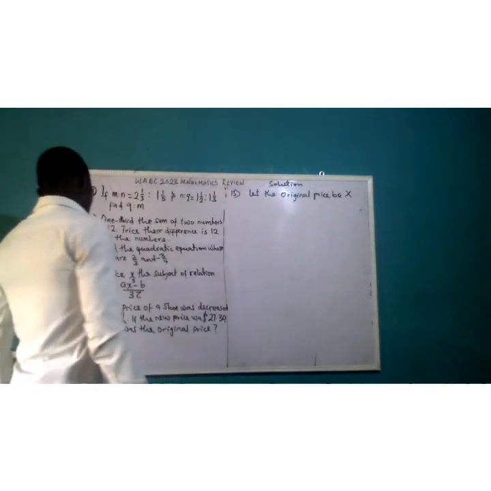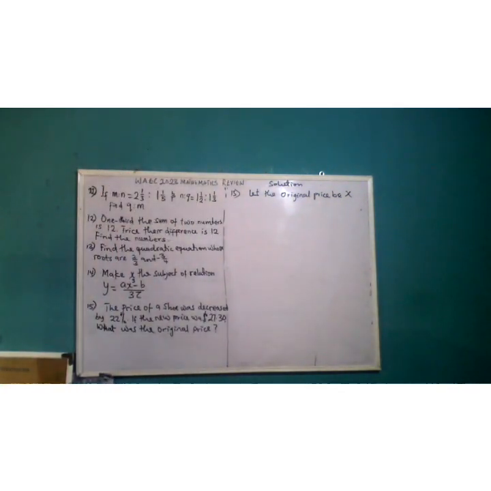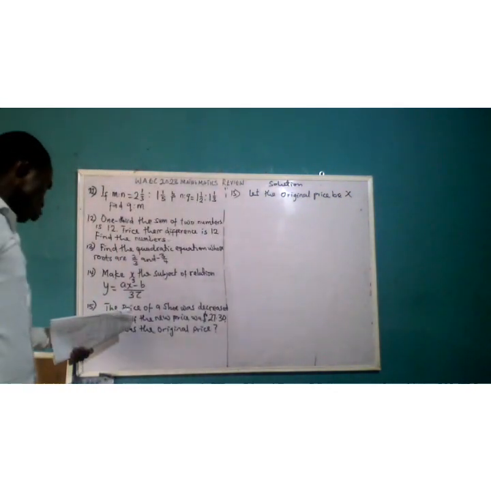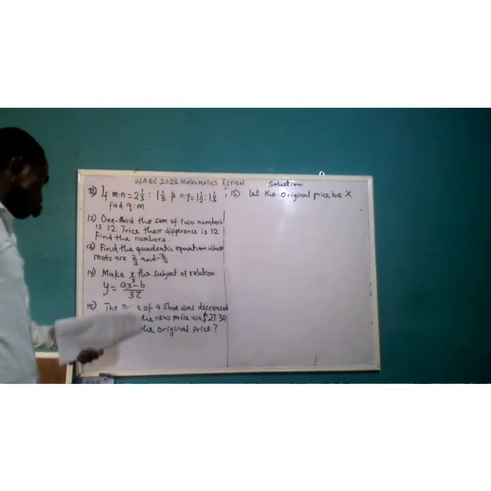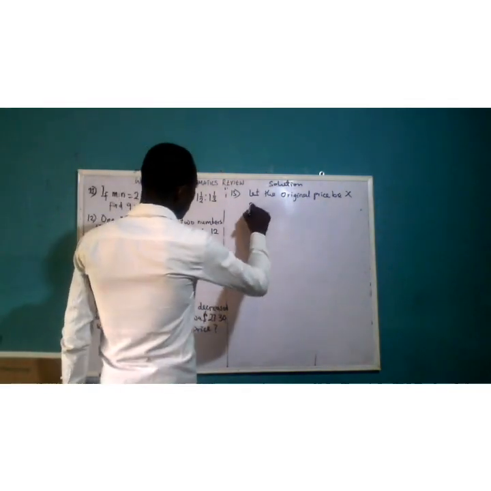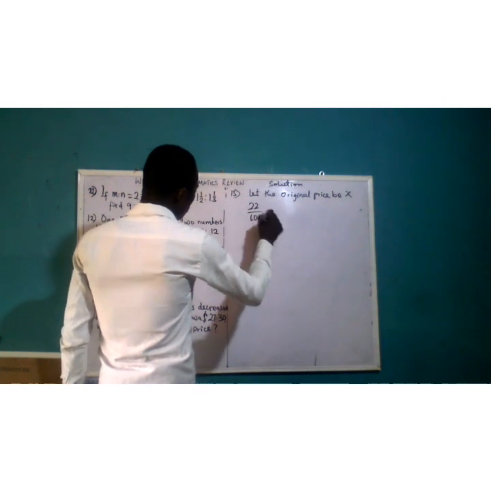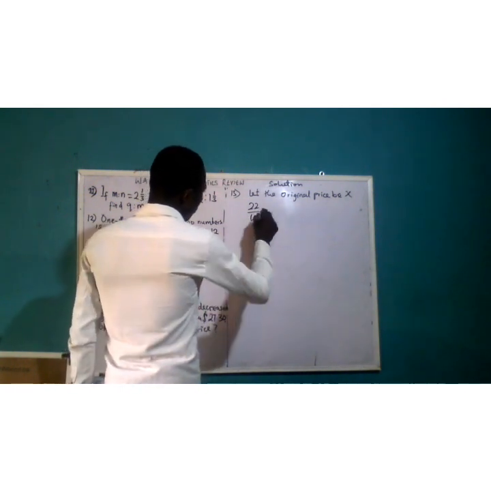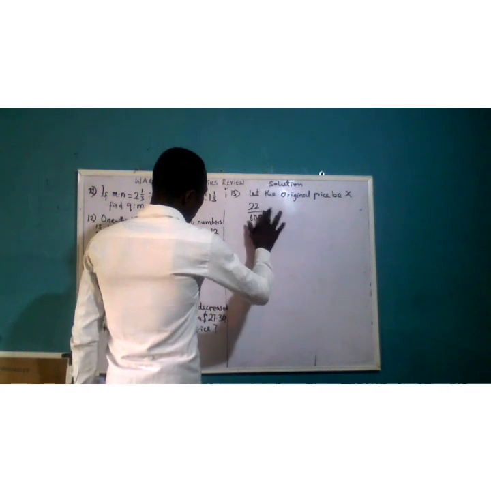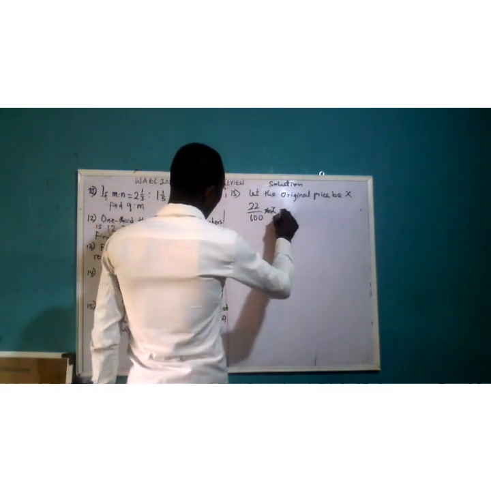If the original price is reduced by 22%, you have 22%, which is written as 22 over 100 of x.